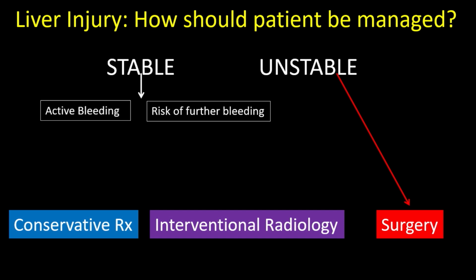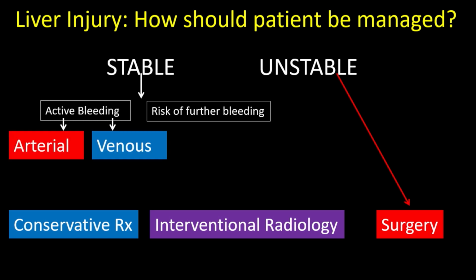If the patient is stable and we see that there is active bleeding, then we can really help them out. If there is active bleeding and it is arterial or venous, the patient is going to go down different management pathways. If there's arterial bleeding, they will certainly go to interventional radiology. Whereas if there's venous bleeding, there's nothing we can do about it because they're just going to bleed and bleed and bleed, and they're going to need to go to surgery eventually.